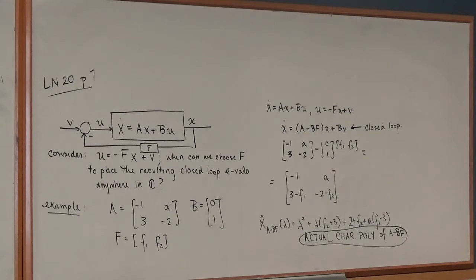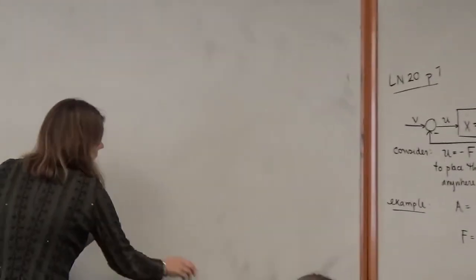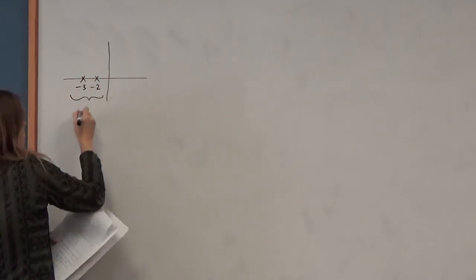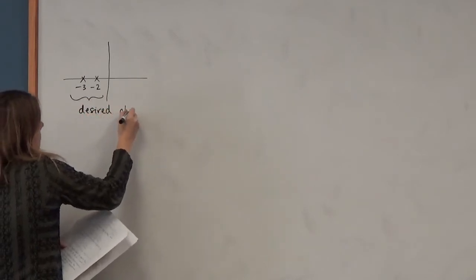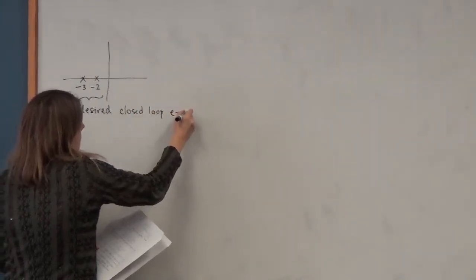Can I place them at some desired location that I came up with? And in this example, my desired location is, I want the closed loop eigenvalues at -2 and -3. So this is my desired closed loop eigenvalues.